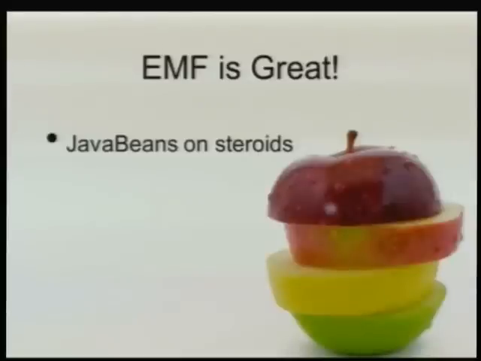It's been described as Java beans on steroids. So it's essentially like a bean model. You have objects with properties, and you have getters and setters for modifying those objects. But the on steroids part is this high-level reflection.